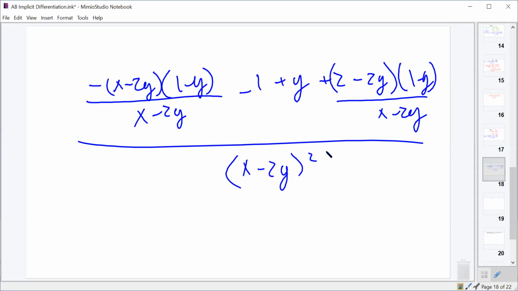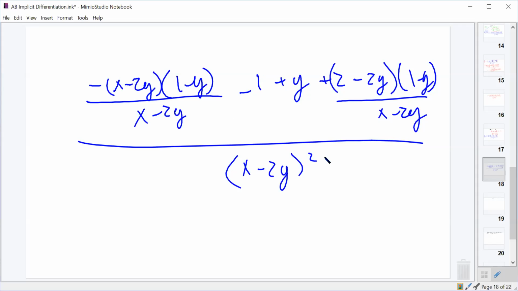Everybody good with that? Yeah. Okay. And so what do we need to do? We need to multiply the negative 1 by 1 minus y over x minus 2y. And we need to do the same with this y, not by 1 minus y, but by x minus 2y over x minus 2y, to both the negative 1 and the plus y.